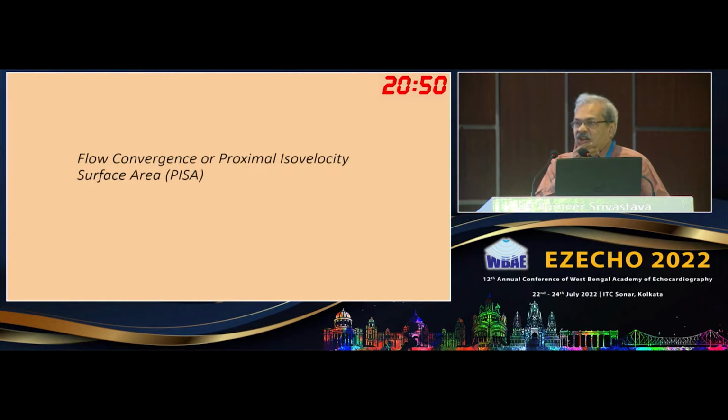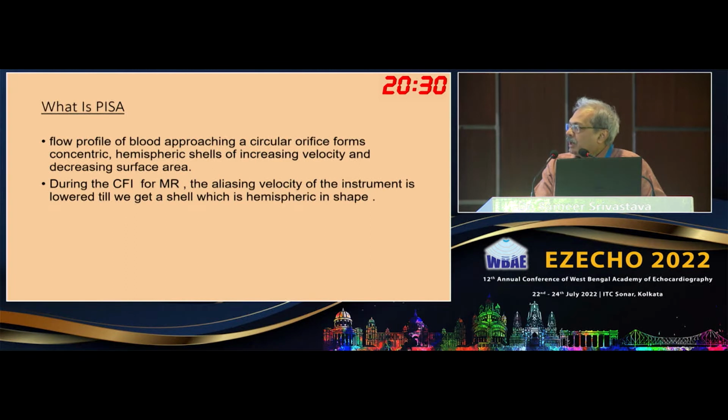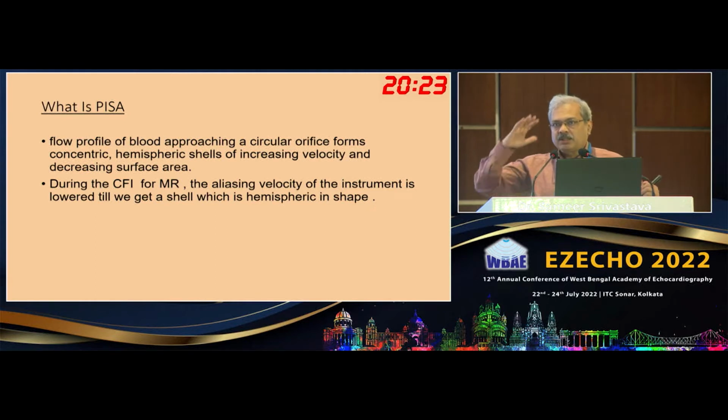Then there is PISA, more talked about, which came into existence, people wrote a lot of papers about it, went out of fashion, and came back again. Now, if you look at the data, they say that PISA should be done in every quantification of mitral regurgitation. This is flow convergence, the proximal isovelocity surface area. To give you a small concept of PISA: this is monsoon time, you go to the terrace, and there is a drain.